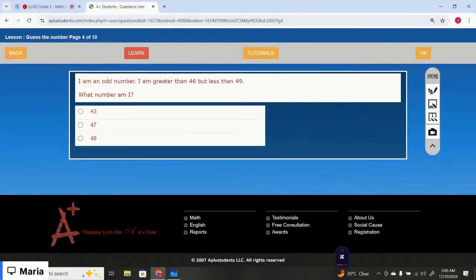I'm an odd number. I'm greater than 46 but less than 49. What number am I?